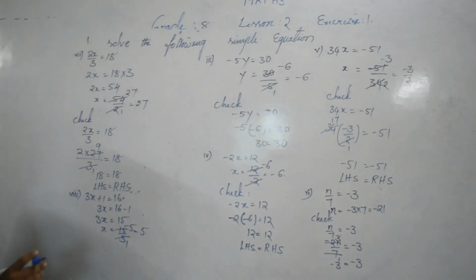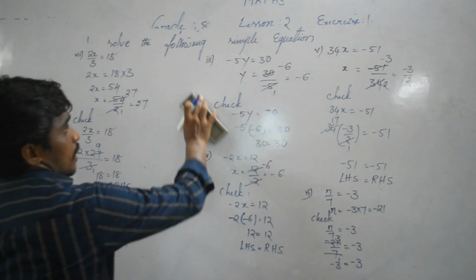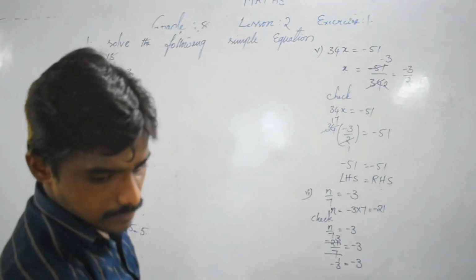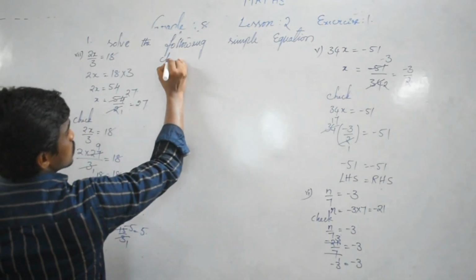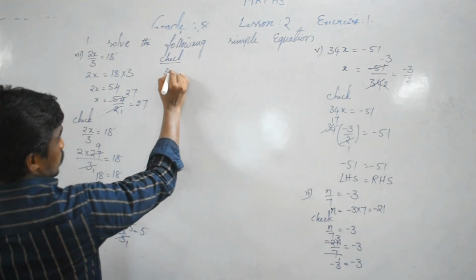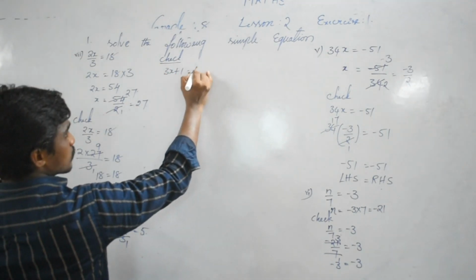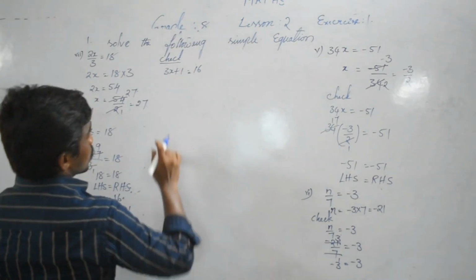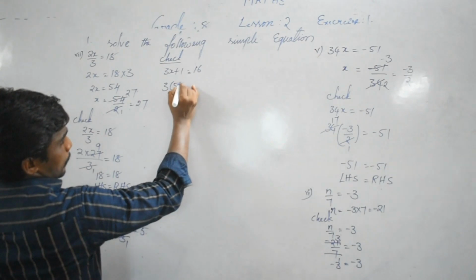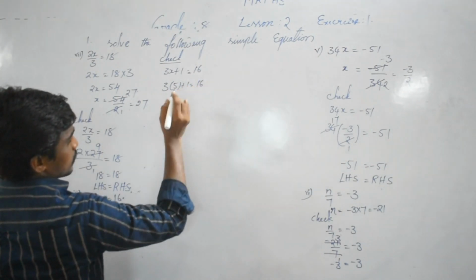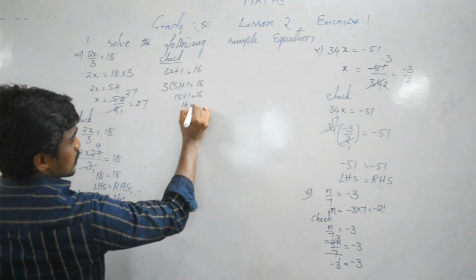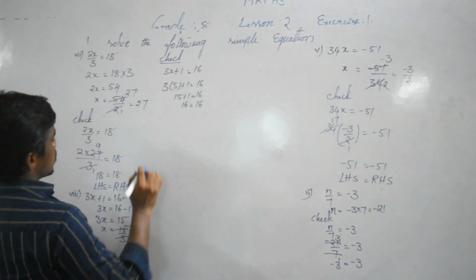So check process. 3x plus 1 is equal to 16. So 3, x value how much? 5. 15 plus 1 is equal to 16. 16 is equal to 16.